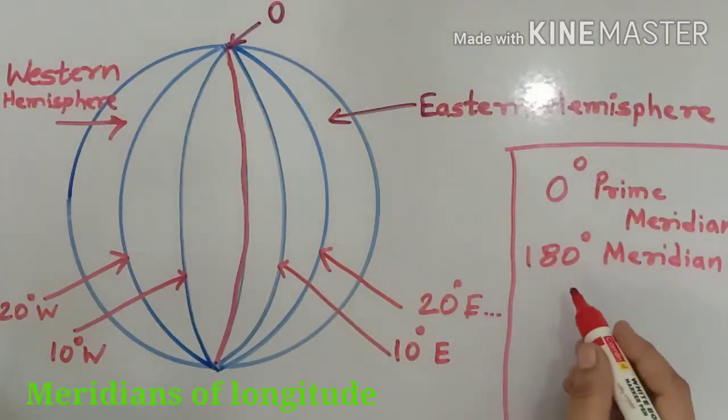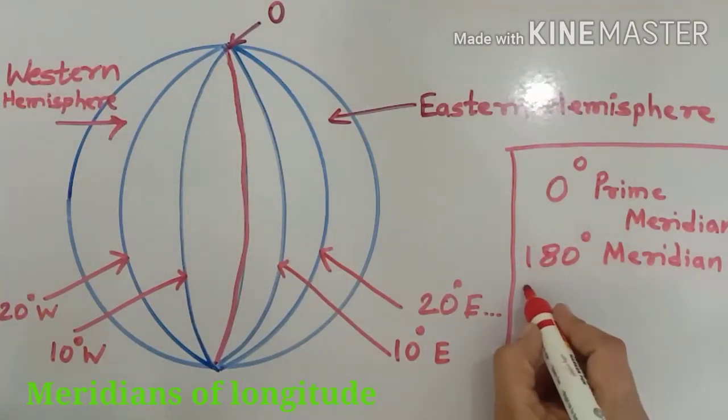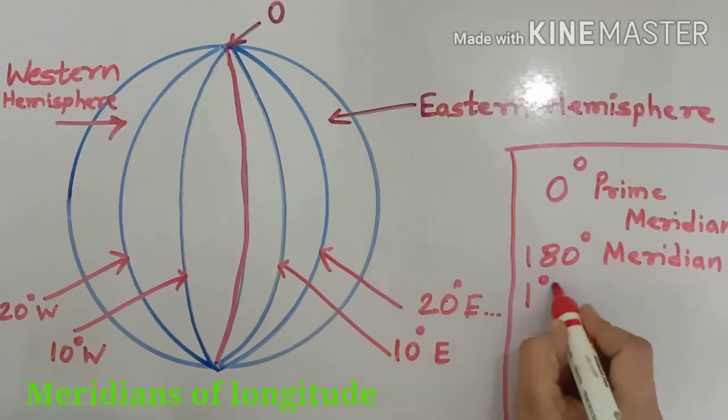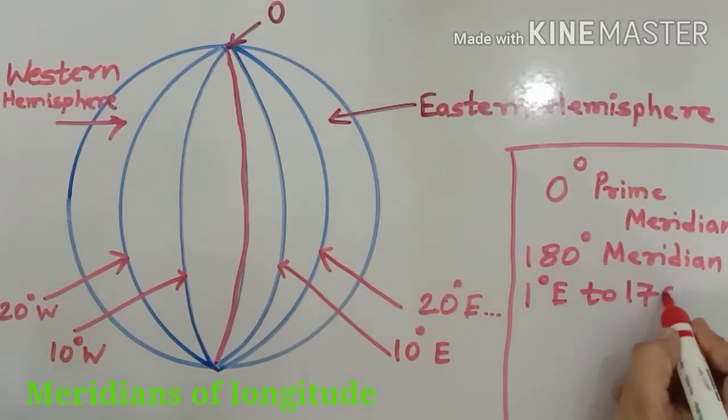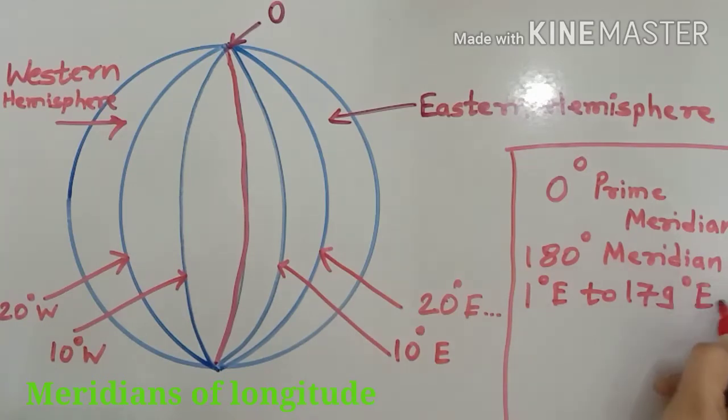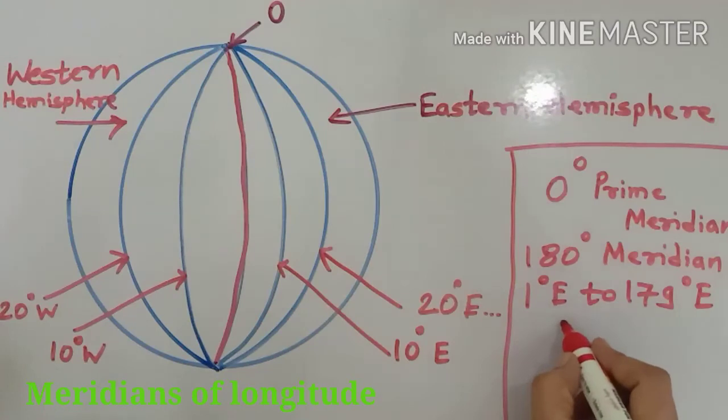Now let's see here. In Eastern Hemisphere we can draw from 1 degree east to 179 degree east, total 179 meridians. This is Eastern Hemisphere.